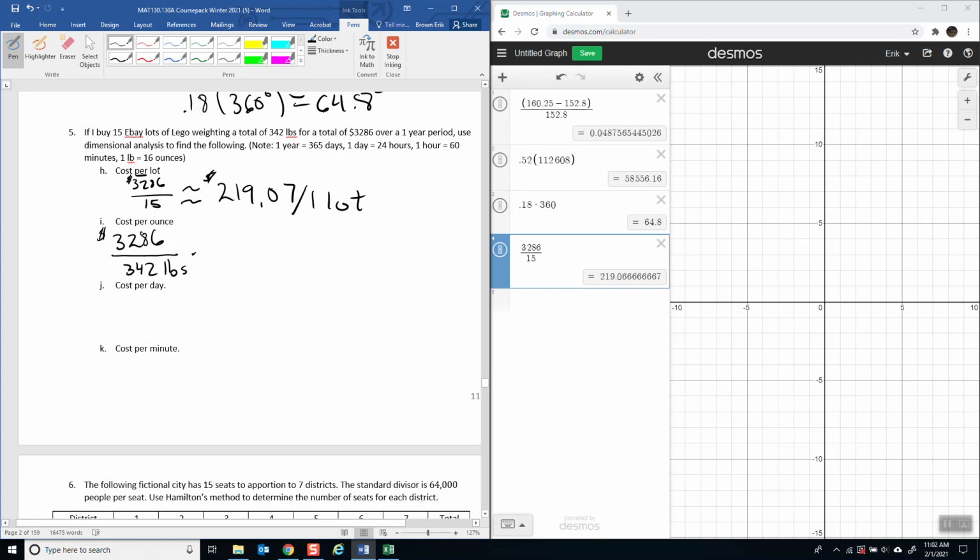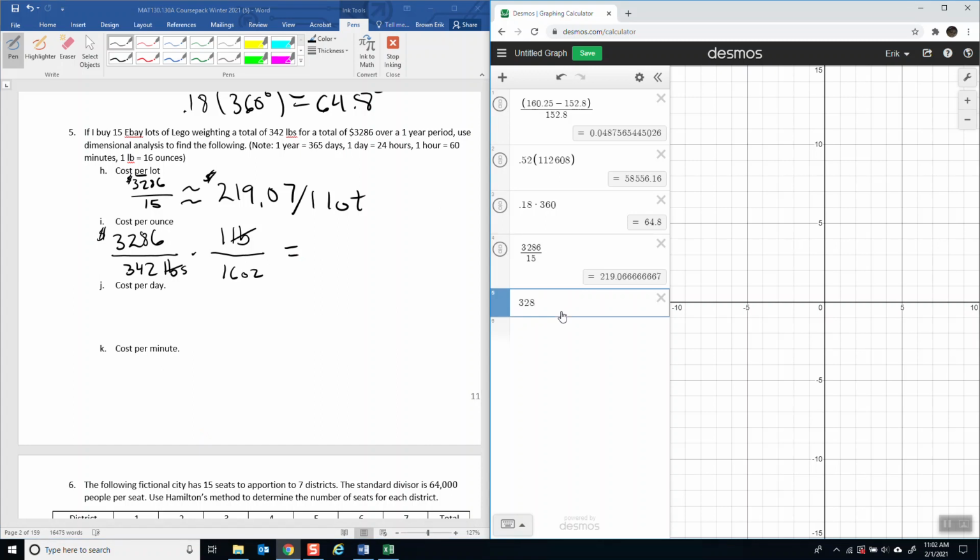So we're going to use that 1 pound equals 16 ounces, and we'll put this pound on the numerator so that that cancels with these pounds and these 16 ounces in the denominator, and then we'll be left with cost per ounce. Not a measurement I actually use when I purchase Legos. I prefer to do cost per pound.